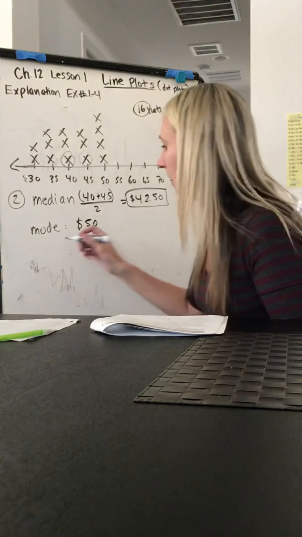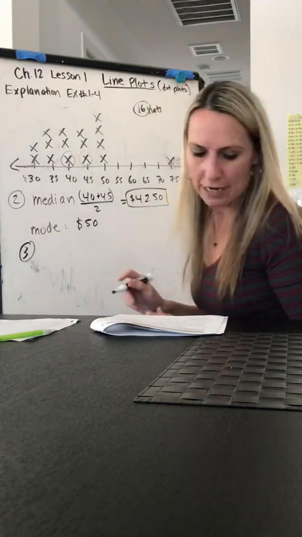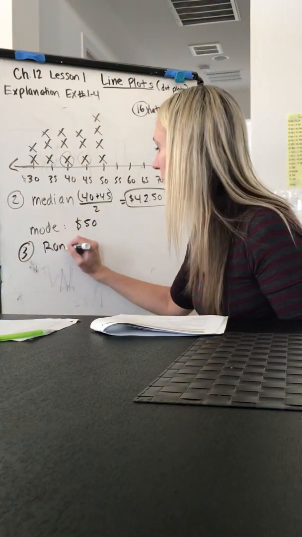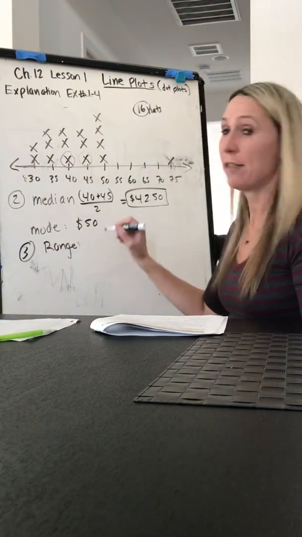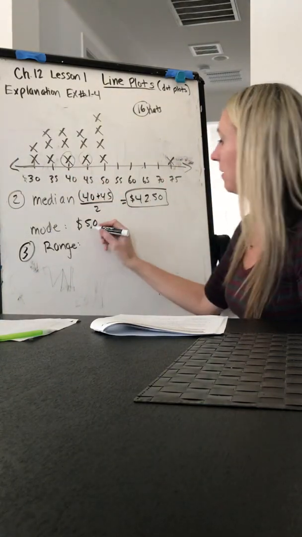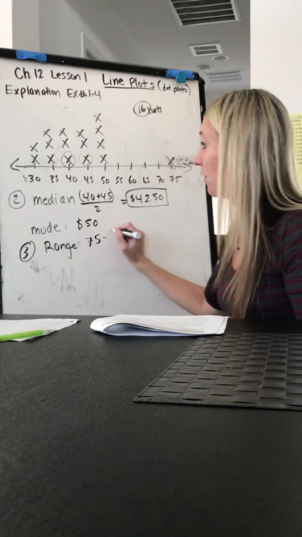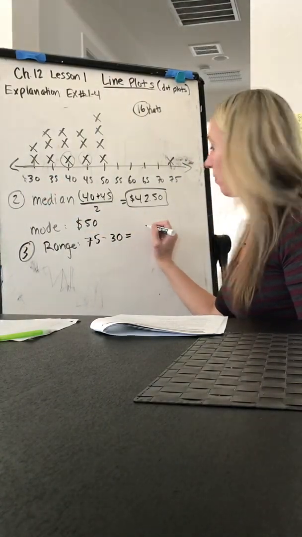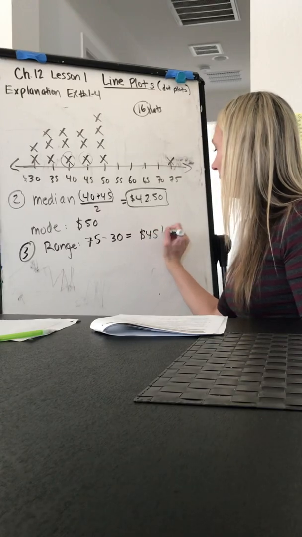Then number 3, it says, find the range and any outliers. Okay, so for the range, if you remember what the range is, you take the biggest number and subtract the smallest number. So the biggest piece of data is 75, and the smallest is 30. And so the range is $45.